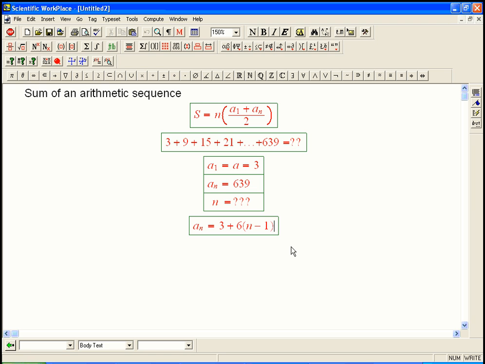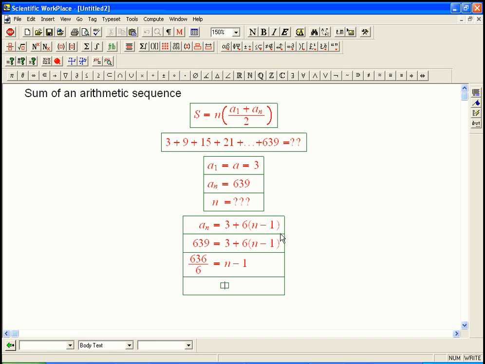Okay, so that's the general formula for all the terms, and we want to know how we would get 639 out of that. 3 plus 6 times n minus 1. Okay, so 636 over 6 is n minus 1, and that is 106, and so n is 107.